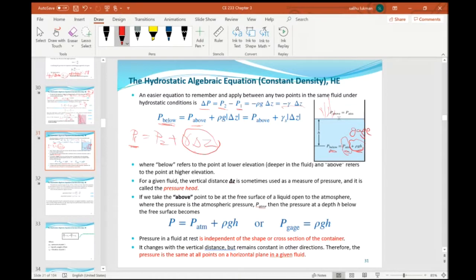Gauge pressure is the pressure above atmospheric. So the pressure P is just equal to P atmospheric plus rho g h, and this rho g h is the gauge pressure. If we want to find the gauge pressure, we don't need to include the atmospheric pressure, because atmospheric pressure will be assigned a value of 0, since it is the reference for the gauge pressure.